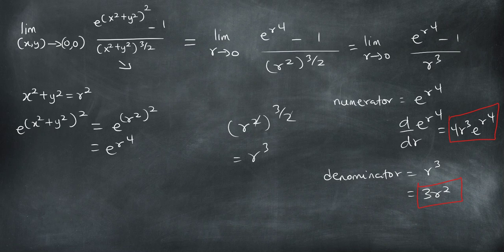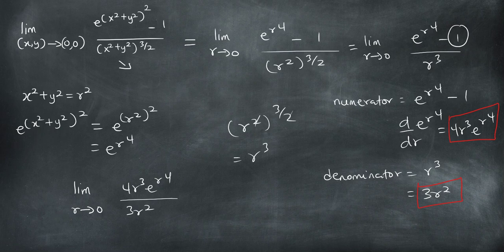Now let's rewrite our limit question. I'm going to have the limit as r approaches 0 for 4r cubed multiplying e to the power r to the power 4, divided by 3r squared. I didn't bring the 1 here because when I differentiate the numerator, e to the power r to the power 4 minus 1, the derivative of the 1 will be equal to 0.